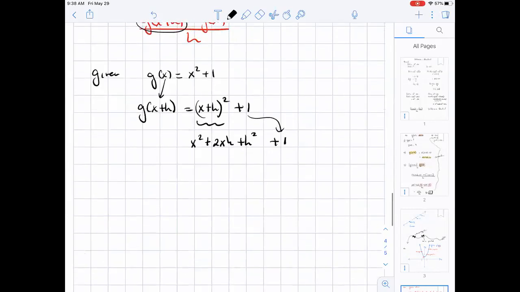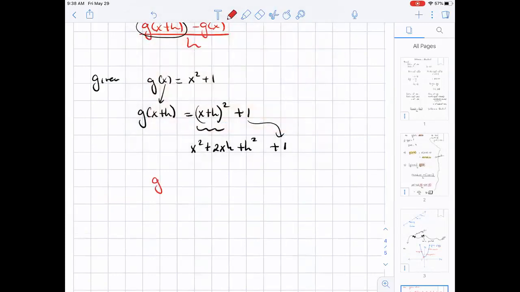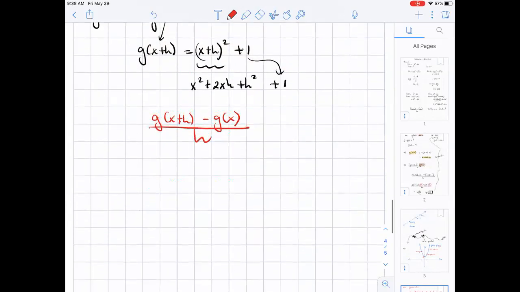Now we're going to apply the difference quotient formula. The difference quotient formula is g of x plus h minus g of x, everything over h. Plugging in the numbers, we have x squared plus 2xh plus h squared plus 1 minus, keeping g of x in parentheses, x squared plus 1, everything over h.